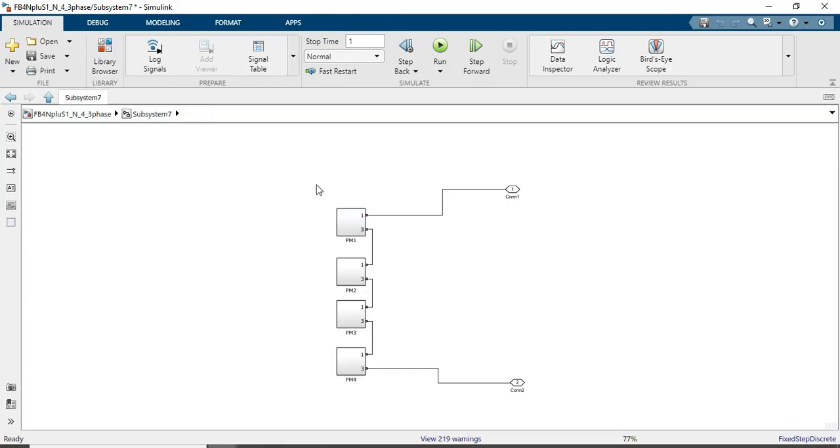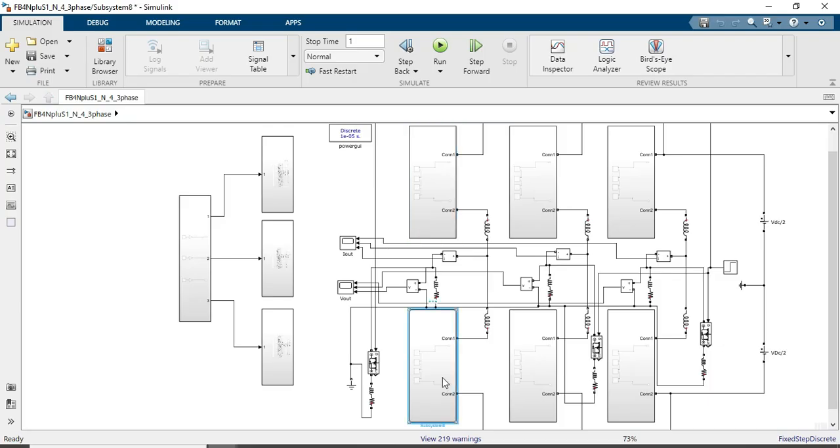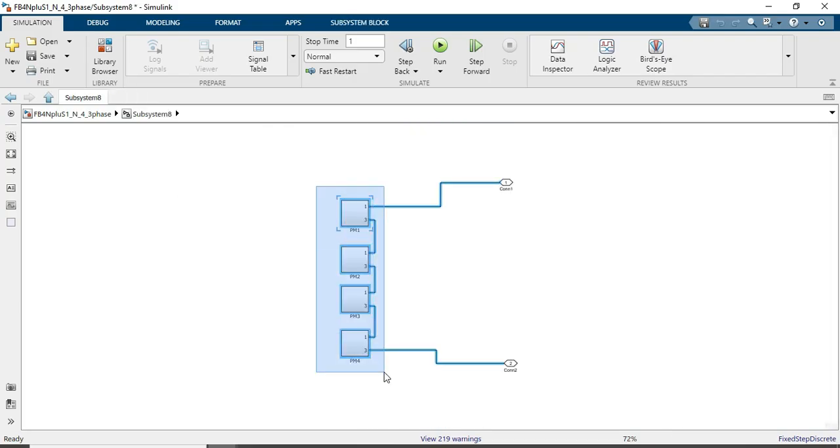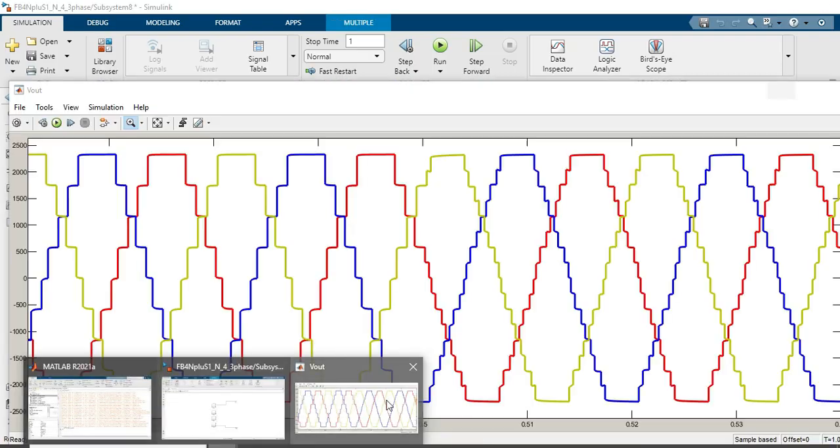We have four submodules connected in series, either in the upper arm or in the lower arm. So this one is the upper arm and this one is the lower arm. Right? So let me show you the results.